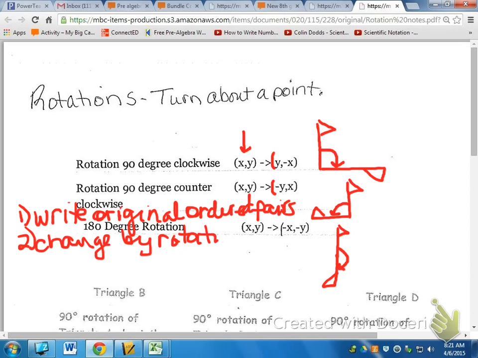Change by rotation and then plot the new points. So you're going to write down the original ordered pairs for all the vertices. You're going to change by the rotation. So that means if it would be a 90 degrees counterclockwise, you're going to change them all. You'll switch them and make all the y's the opposite. And then plot the new points.